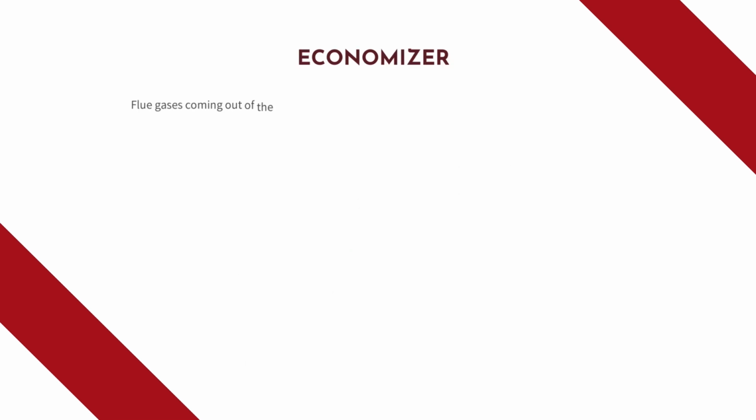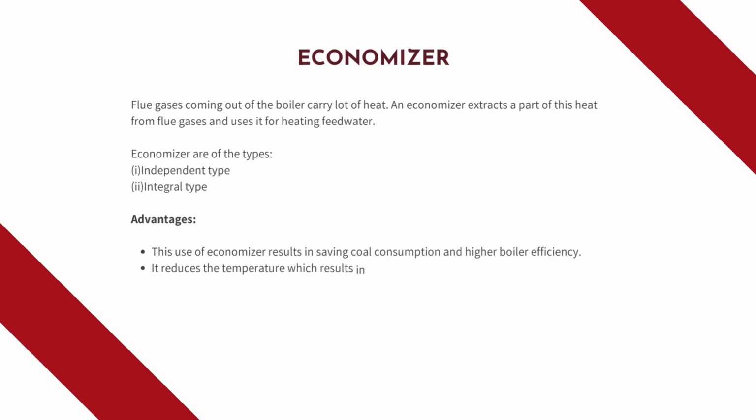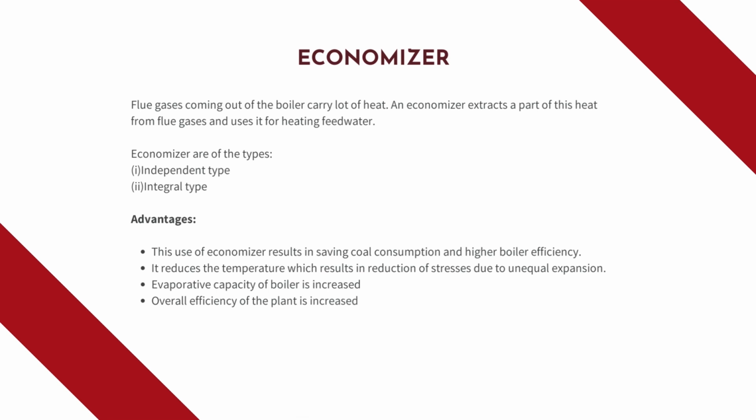Flue gases coming out of the boiler carry a lot of heat, and the economizer extracts a part of this heat from the flue gases and uses it for heating feed water. Economizers are of two types: number 1, independent type, and number 2, integral type.